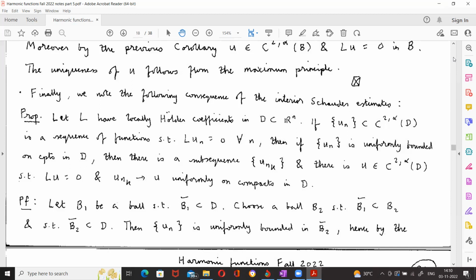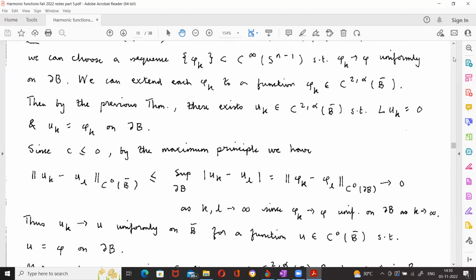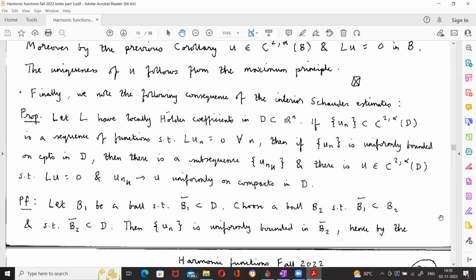Whereas up till now, what we've also been looking at is C2 alpha in a closed domain. So C2 alpha in the closed domain, what that means is that the second derivatives are alpha Holder on the closure of the domain. So not just locally alpha Holder. All right. So that's the difference between C2 alpha of D and C2 alpha of D closure. Is that clear?